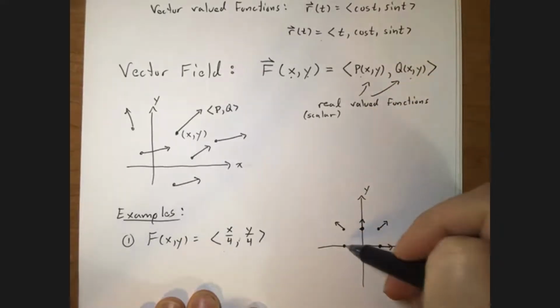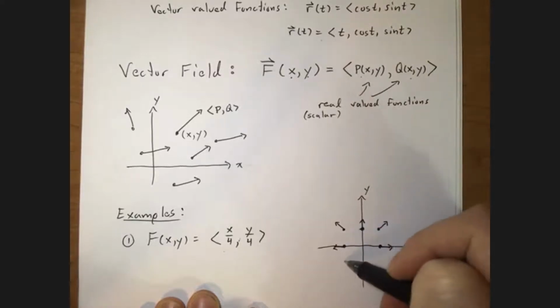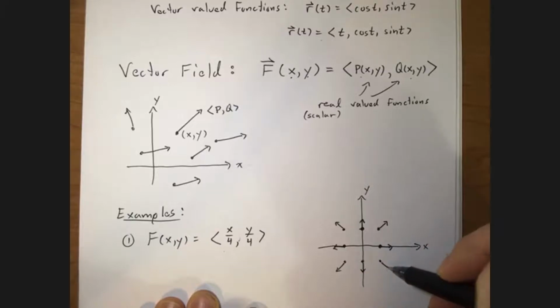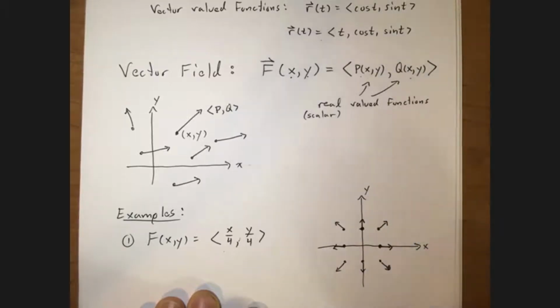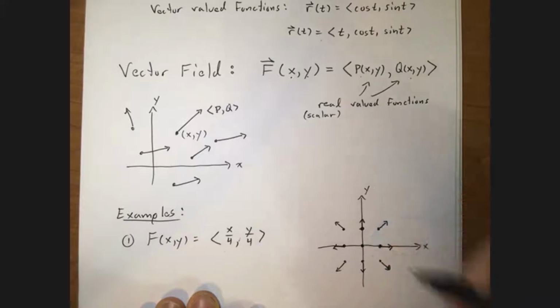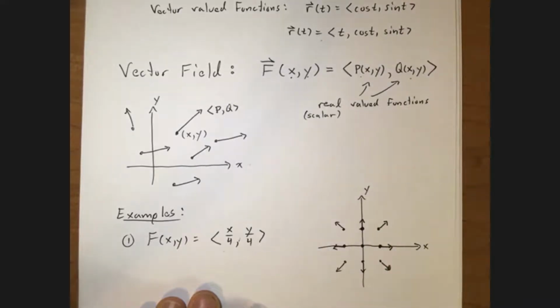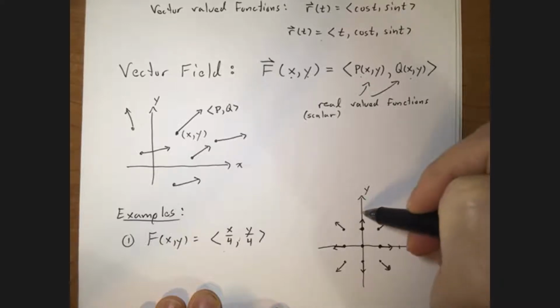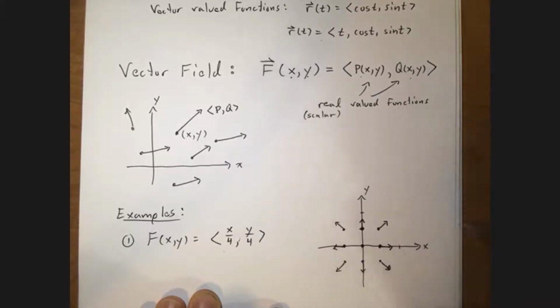And you can see, if you keep going around here and plotting these vectors, you'll get a picture that starts to look something like this. Now, what if I go to the 0 vector in the center, the origin, 0, 0? Well, I have 0 divided by 4, 0 divided by 4. It's just a 0 vector. So no vector there. What if I go out to a point like 2, 2 out here?